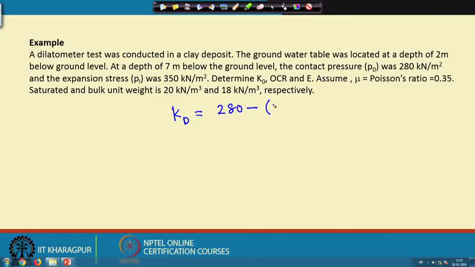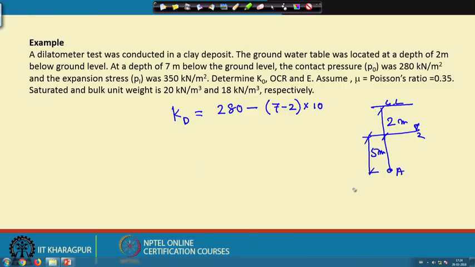Pore water pressure is 7 minus 2, because this is the ground level and this is the water table 2 meter below the ground level, and we are measuring at a point A, which is 5 meter below the water table.